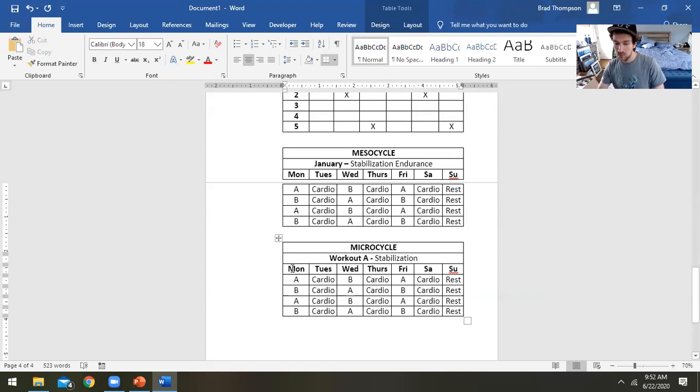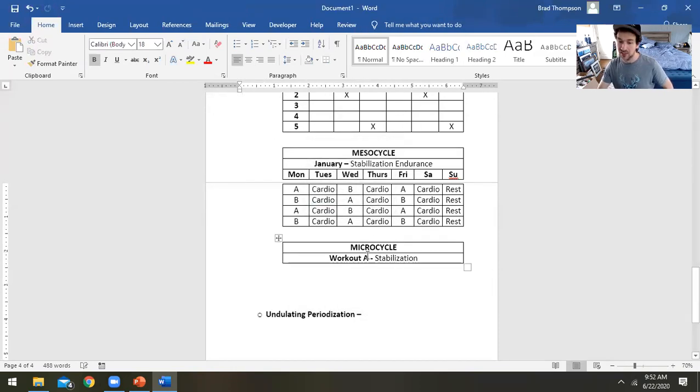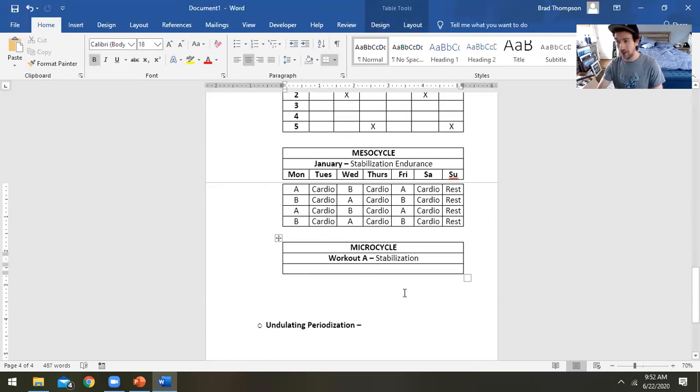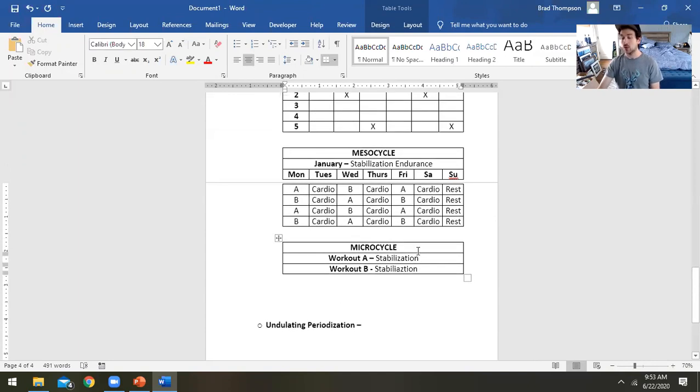And so then you would have an OPT template, right? All of this would be your basic OPT template here. So I'm actually going to delete that because I can't fit an entire OPT template here. But your workout A would just be a warm up in stabilization, and then movement prep that corresponds with stabilization. Then your workout B is also stabilization. Okay, so there's your microcycle, right? It's the individual workouts. Both are stabilization routines.